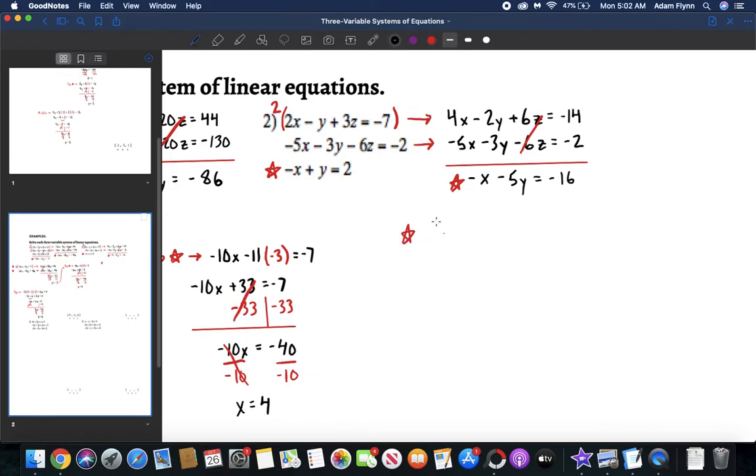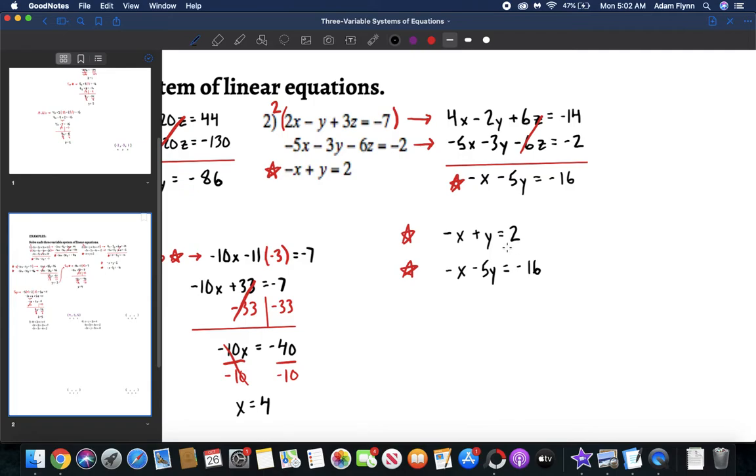Pick a different color. So I've got negative x plus y equals 2. And then my second starred equation is negative x minus 5y equals negative 16.